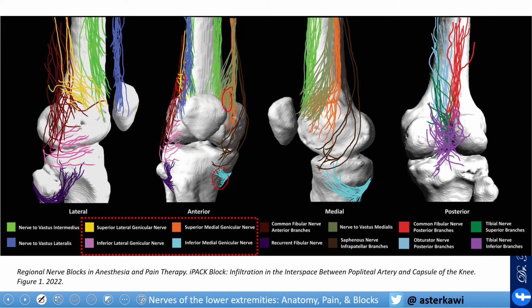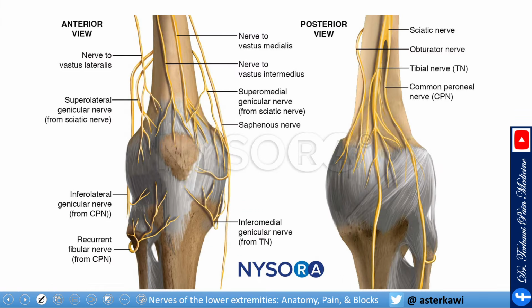So it's very obvious that this will not give you complete pain relief. This will not give you complete block because you still have branches from other nerves. However, it's an easy and straightforward procedure, so it's always worth starting with that, especially when we talk about chronic pain. I will have a lecture on that. So just remember all these innervations.